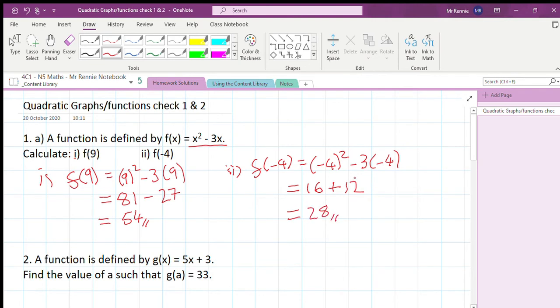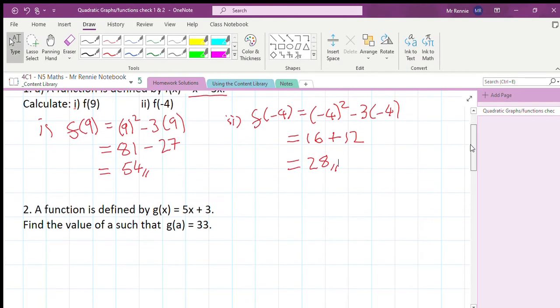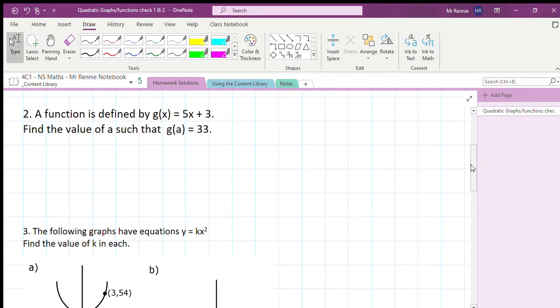So those are the first two answers for the check that I gave you. We're going to scroll down to look at questions 2 and onwards. A function is defined by g of x equals 5x plus 3. Find the value of a such that g of a equals 33.